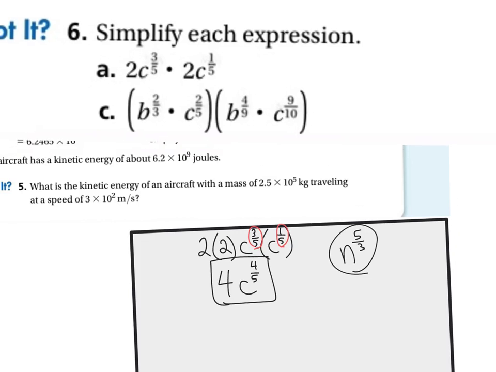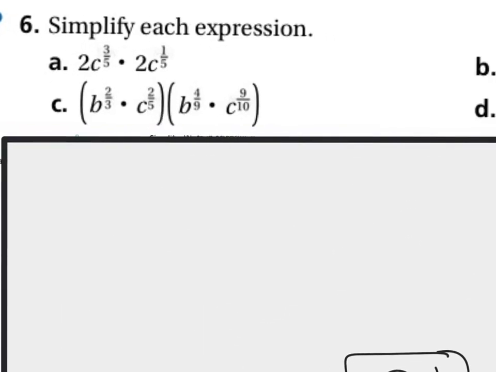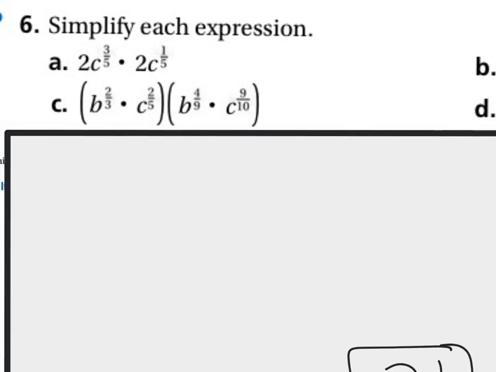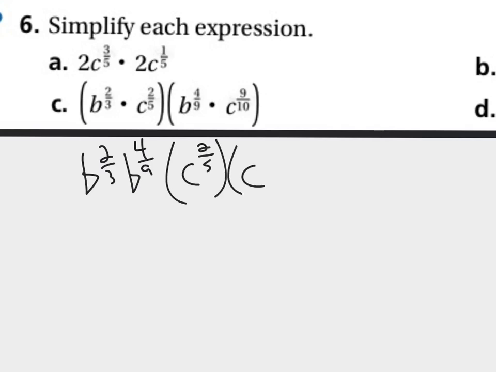If we go to part C, similar idea. This one we have 2 different variables. So first, if you want to sort these out, get your b's next to each other and get your c's next to each other. So multiplying like bases, we're going to add our exponents.